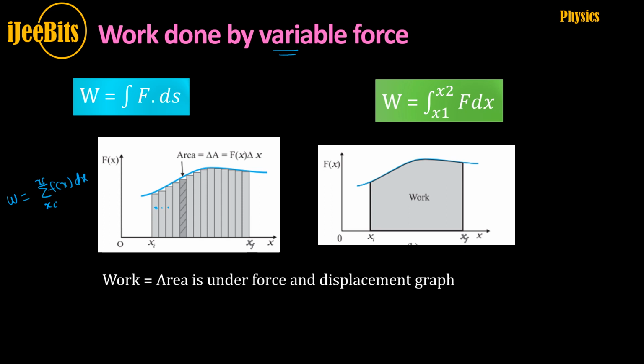If you are given a graph and calculating the work from it, you need the force versus displacement graph. The area under the curve gives the work. So there are various ways you can calculate the work done from a variable force.